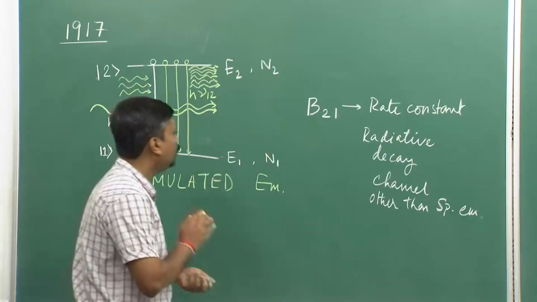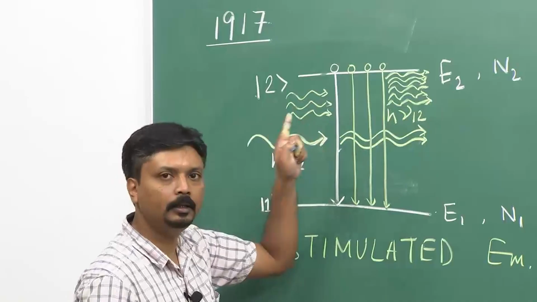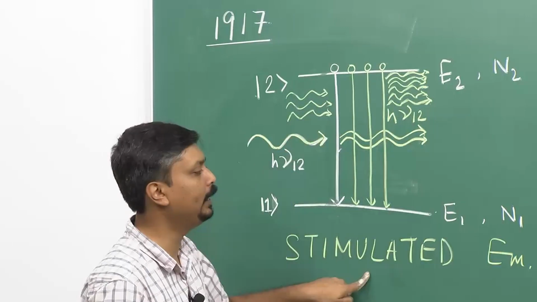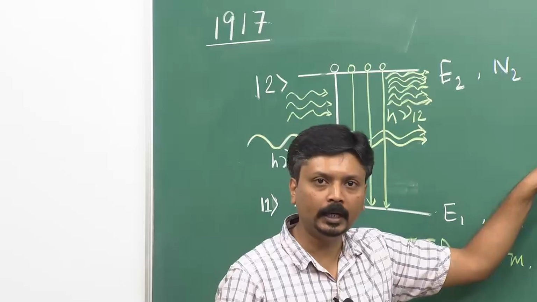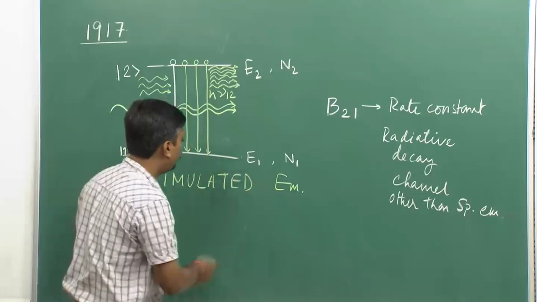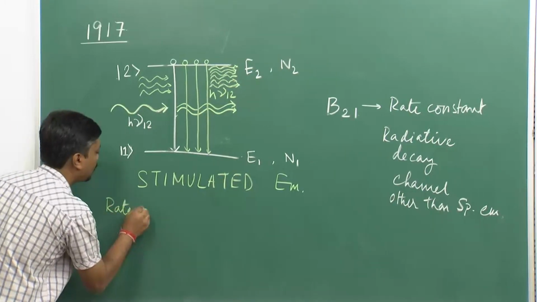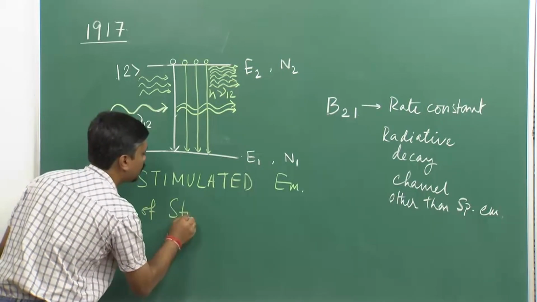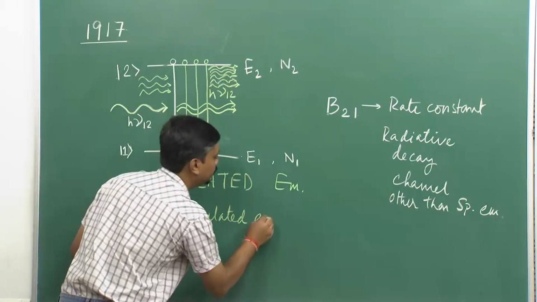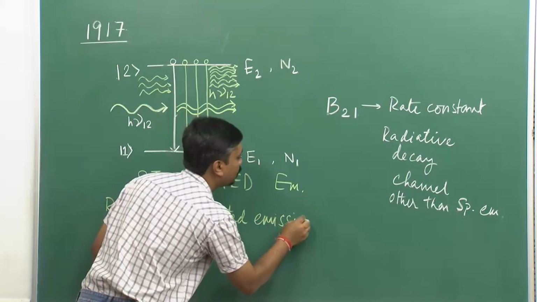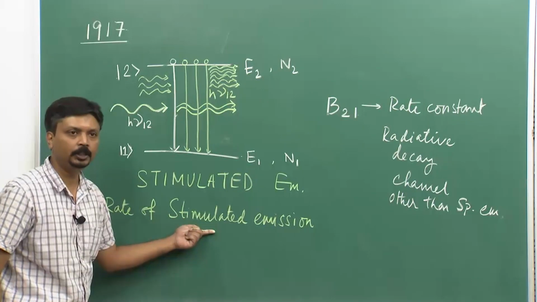Very good. Now, Einstein said that there must exist a process like stimulated emission, and that has to be associated with a rate constant. So let us look at the rate of stimulated emission. How can we write that? It is just like the other emission process.